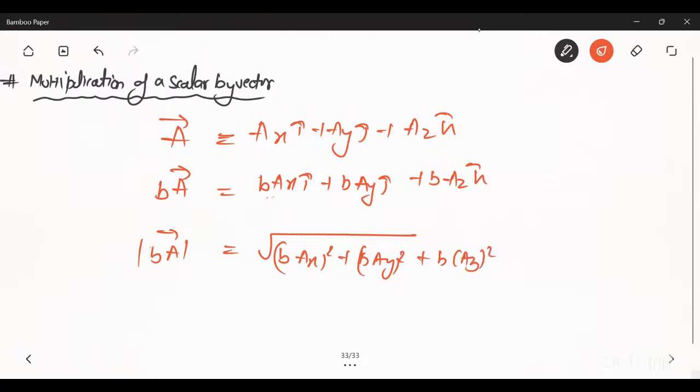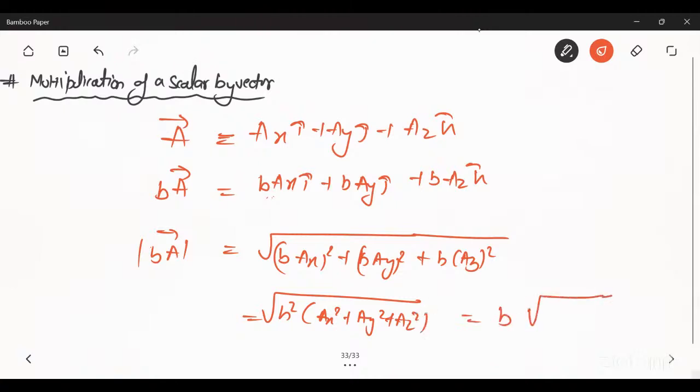If you take B common, you will get B times the square root of Ax square plus Ay square plus Az square, which is equal to B times mod A. So the magnitude is also B times mod A.